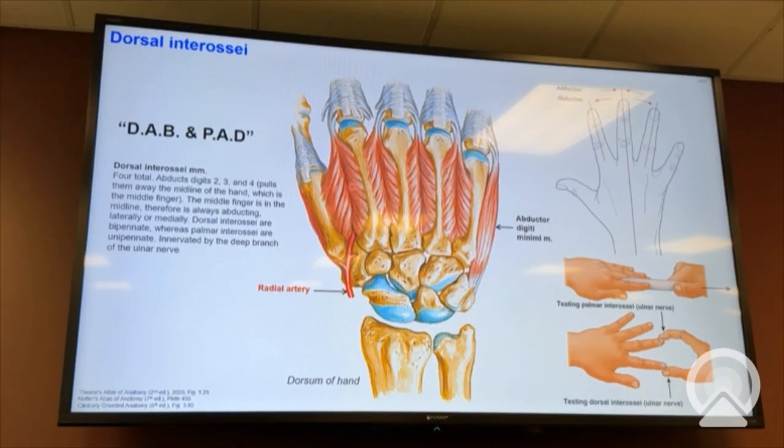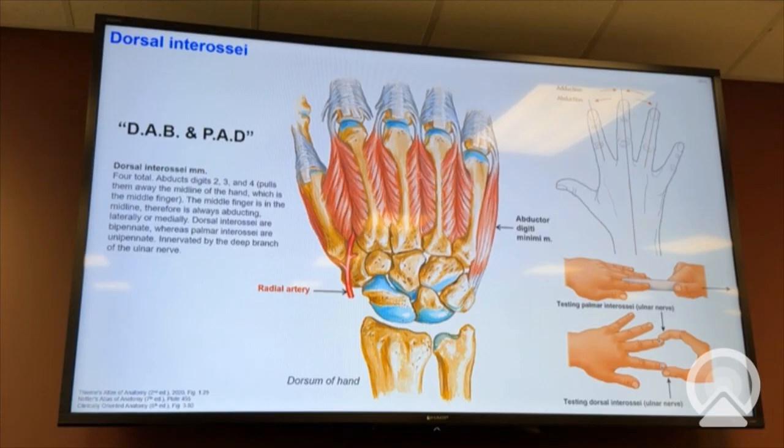The dorsal interossei are doing just the opposite. You have one dedicated for the second digit, which will pull the index finger away from the middle finger into abduction. The middle finger actually has 2 dorsal interossei, and the reason is that it's only abducting. The middle finger is by definition the midline, so it's only ever moving away from the midline.